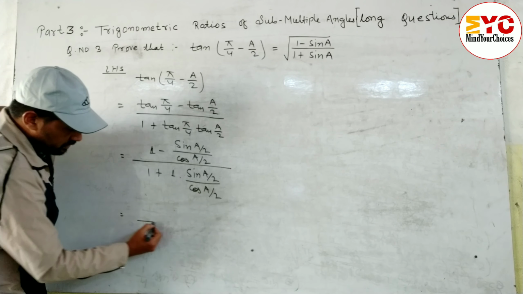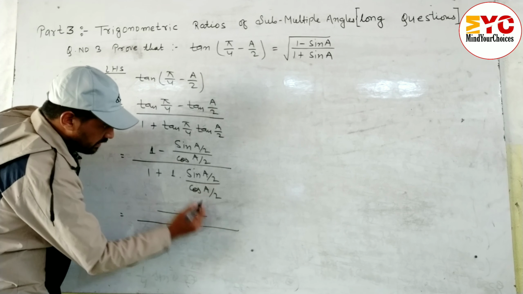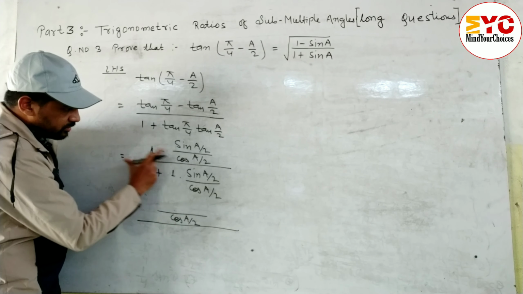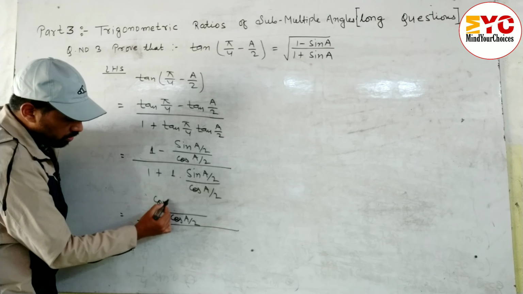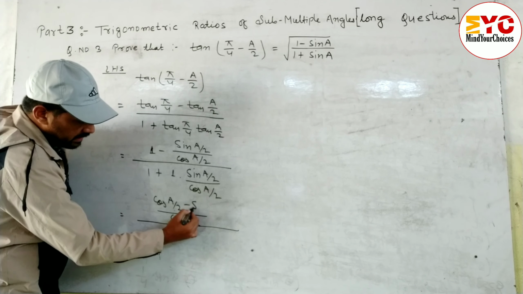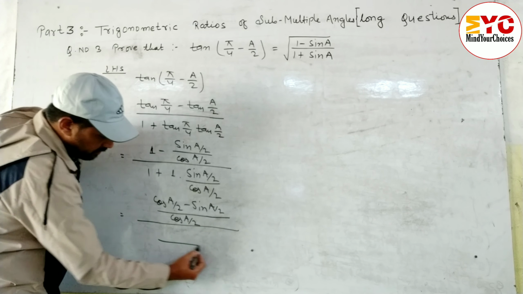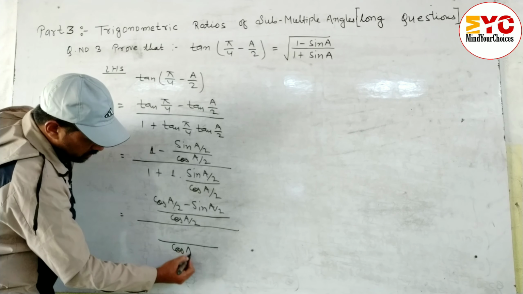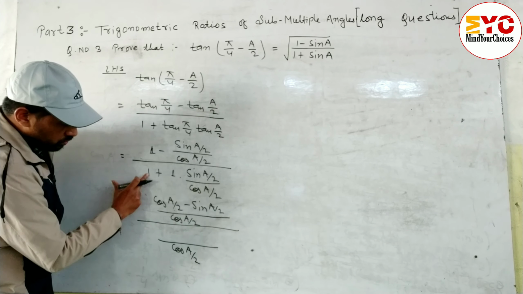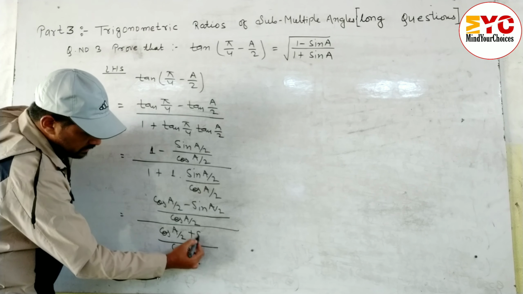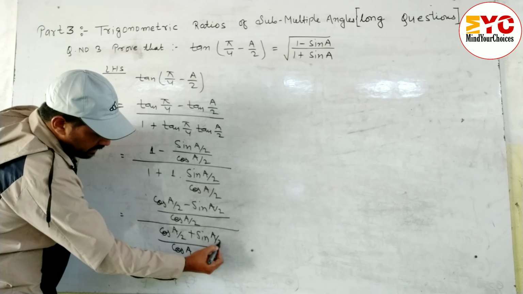After this, we have to take the LCM, and the LCM here is cos A/2. So cos A/2 into (1 · cos A/2 − sin A/2). Here also we have to take the LCM: cos A/2 into (1 · cos A/2 + sin A/2).